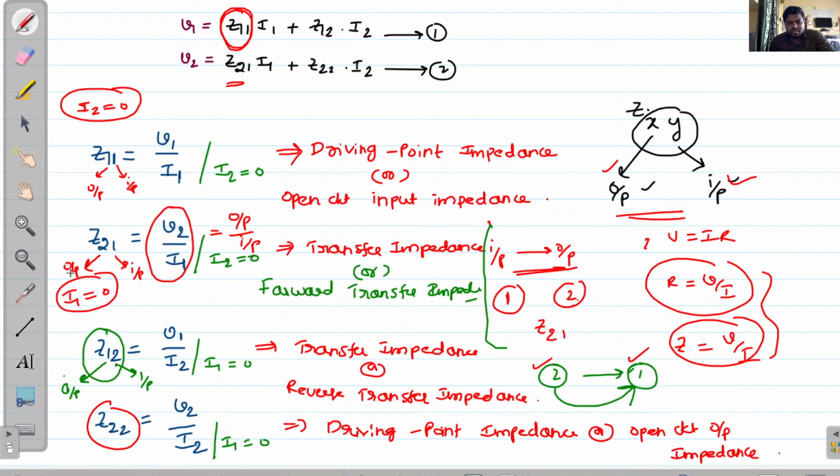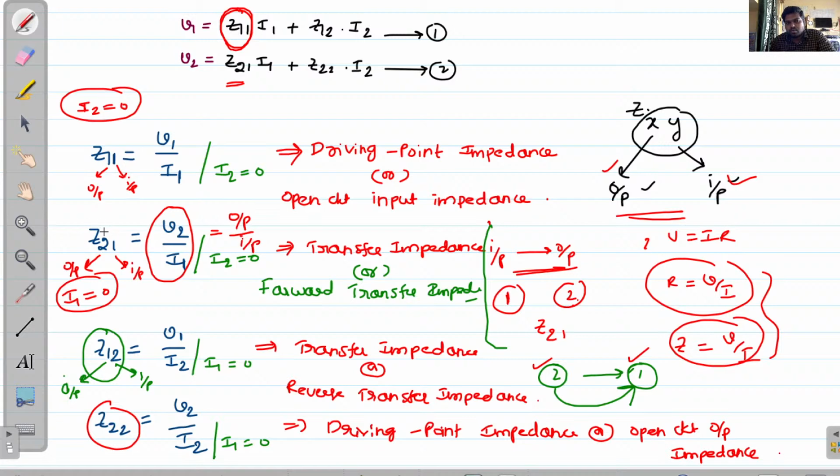And the input related variable is I1. So Z is always mentioned in V by I format, but which port related voltage variable you have to consider, that is the matter, right? I am considering voltage only, but port 1 or port 2 related voltage variable is important.